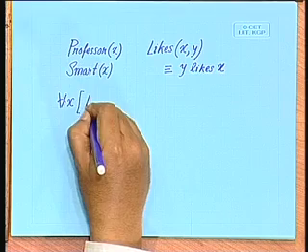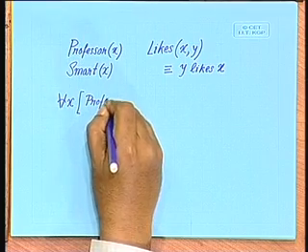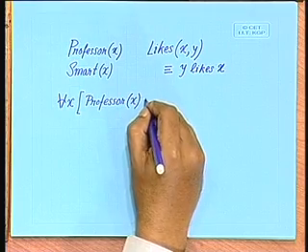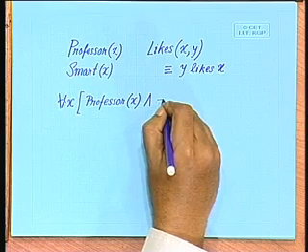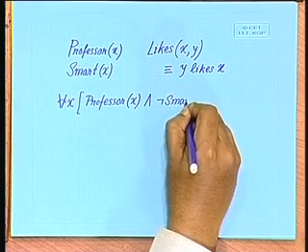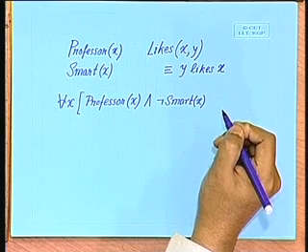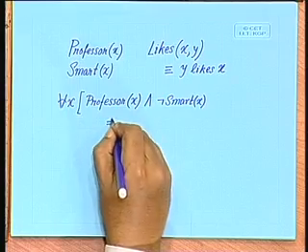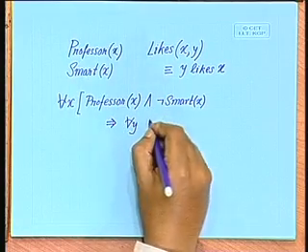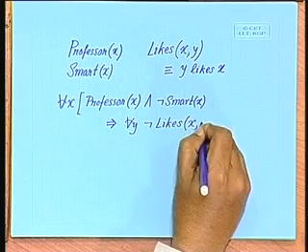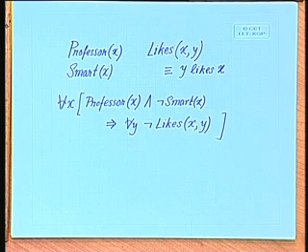For all x, professor x and not smart x implies for all y, not likes y x, which is fine with us.